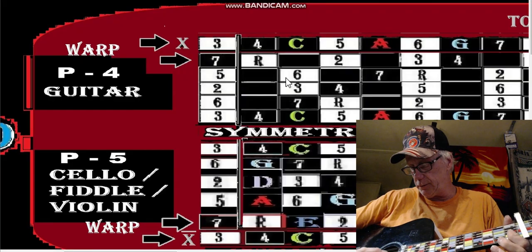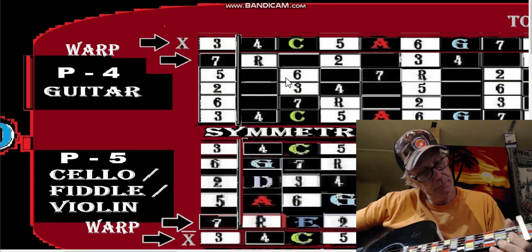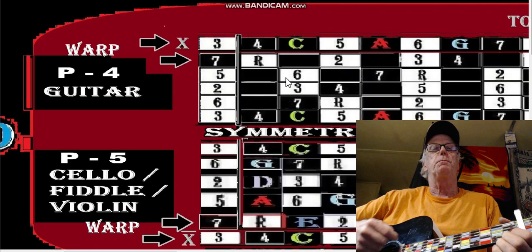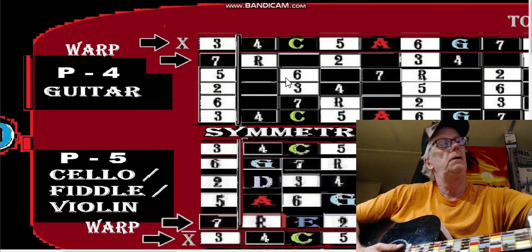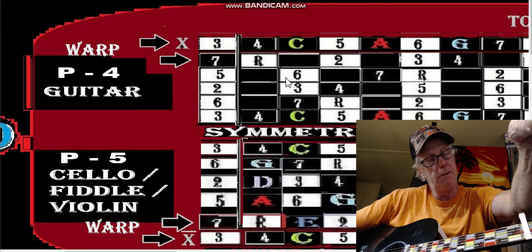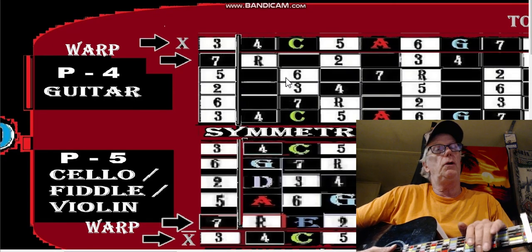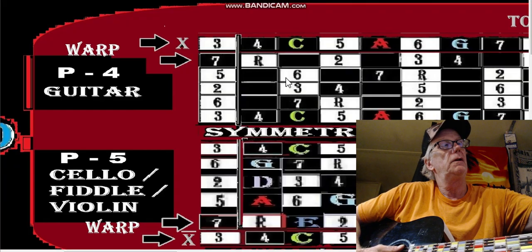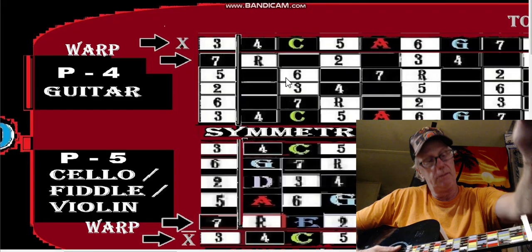This is all P4. There's perfect fourths in between each interval. You can do it in the key of C too.